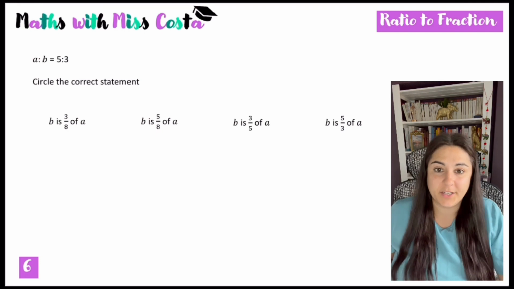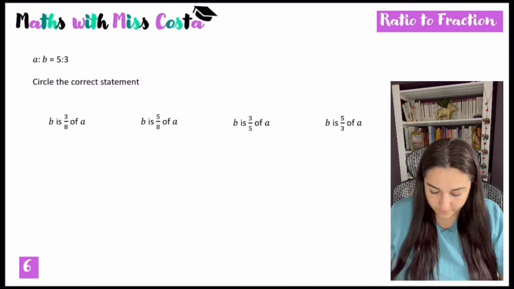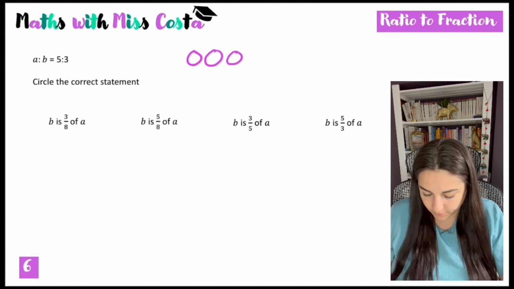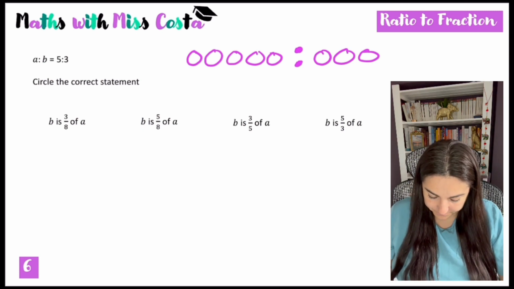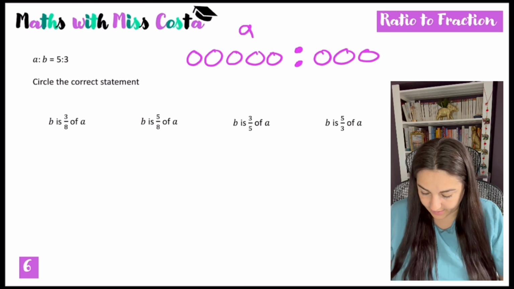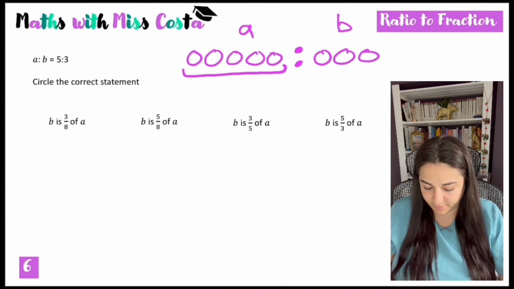Okay, so using our knowledge of ratios to fractions. So A to B is 5 parts to 3 parts. And I need to circle the correct statement. B is not 3/8 of A because A is only 5 parts.